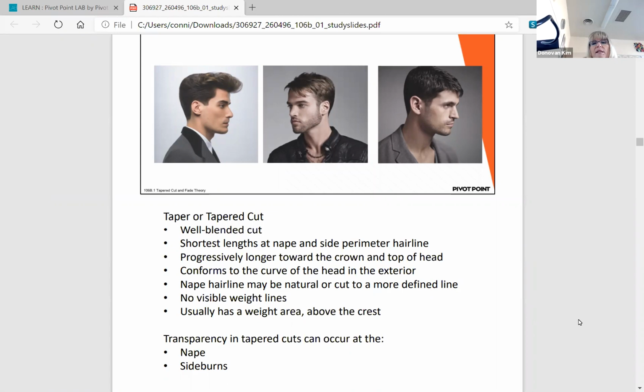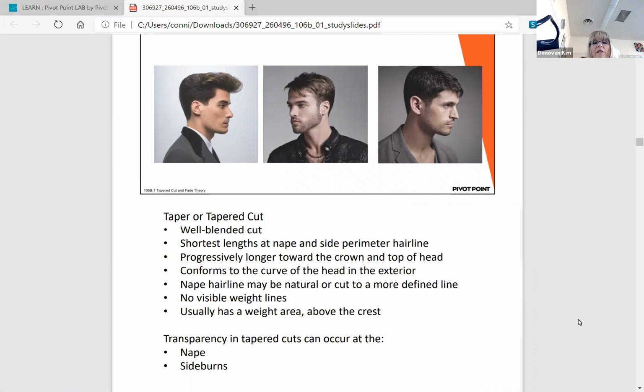But it is a well-blended cut, shortest lengths at the nape and side perimeter hairline, progressively longer towards the crown and top of the head, conforming to the curve of the head in the exterior, right? So that's in the back or around the sides, whatever's exiting that ball cap at your exterior. Nape hairlines may be natural or cut to a more defined line, which means, are you tapering the bottom of the neckline there, or are you blocking it off?